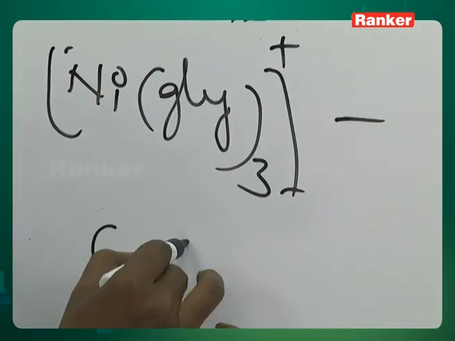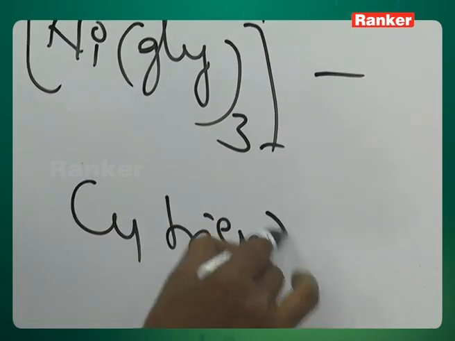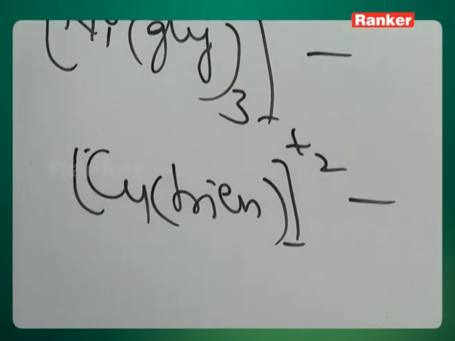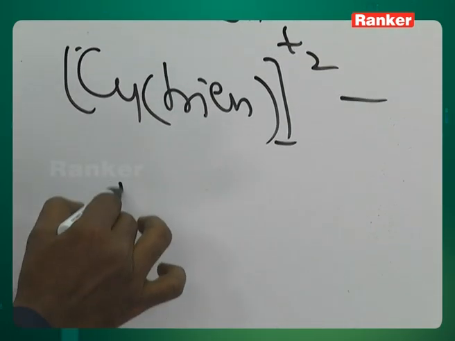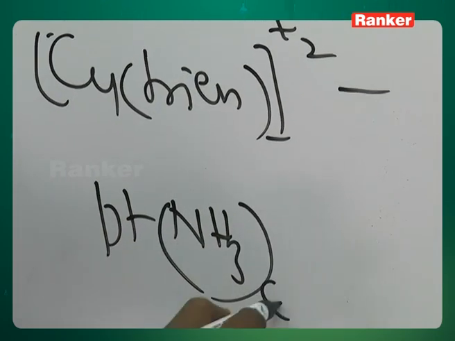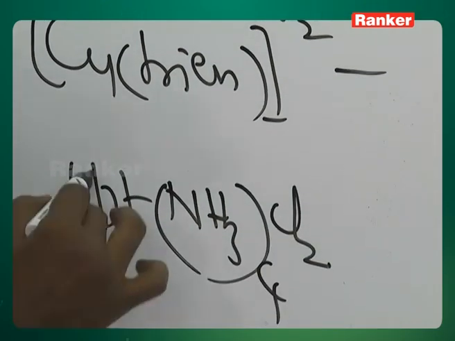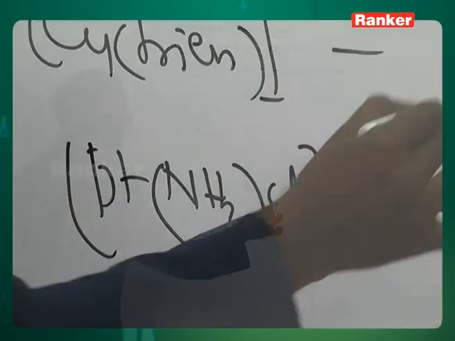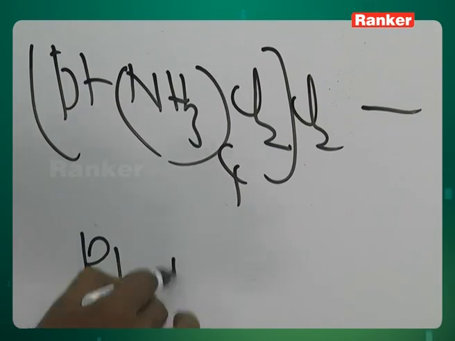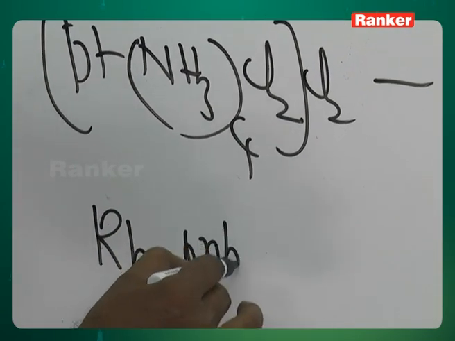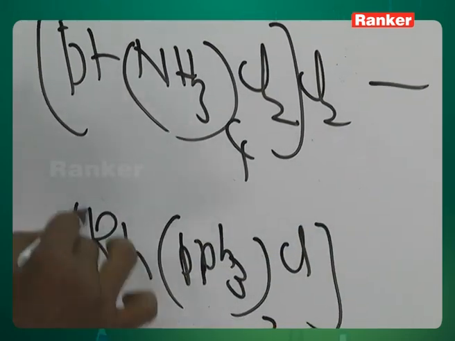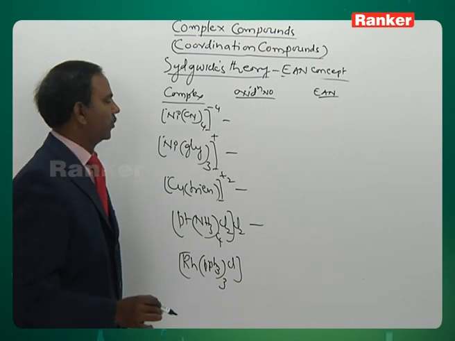Let me give a copper complex, triene, plus 2, and let me write a platinum complex also, NH3 taken 4 times, Cl2 and Cl2. Take a rhodium complex, PPh3 taken thrice, Cl, rhodium, PPh3 taken thrice, Cl.